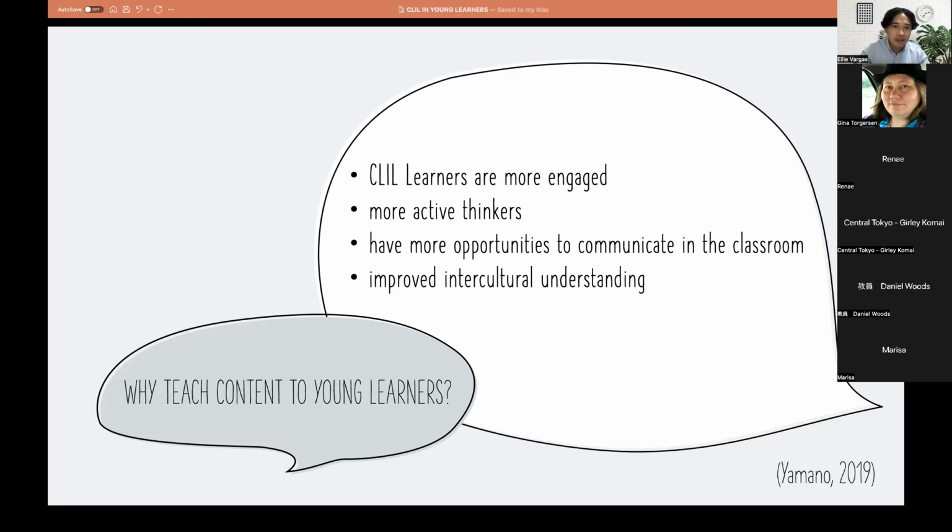They can use English to ask about their friends' opinion, and they can also make something out of it, like presentations or posters, and they will have improved intercultural understanding. So that's what Yamano found out in her thesis just a few years back, and it's now a chapter in a book.